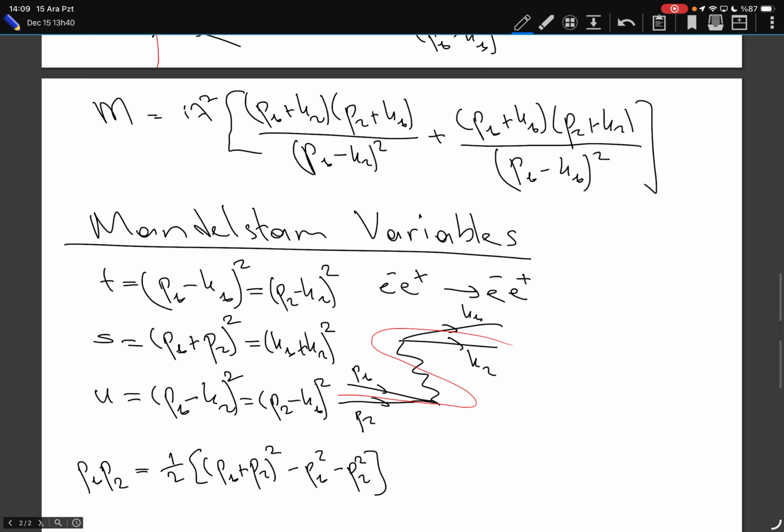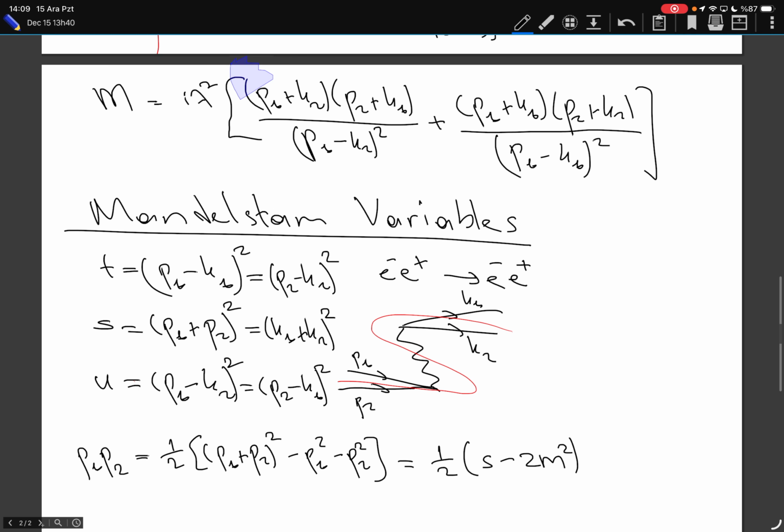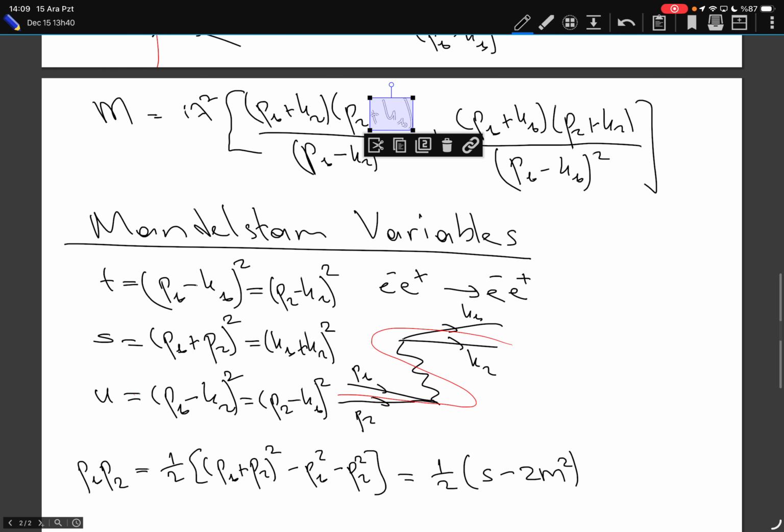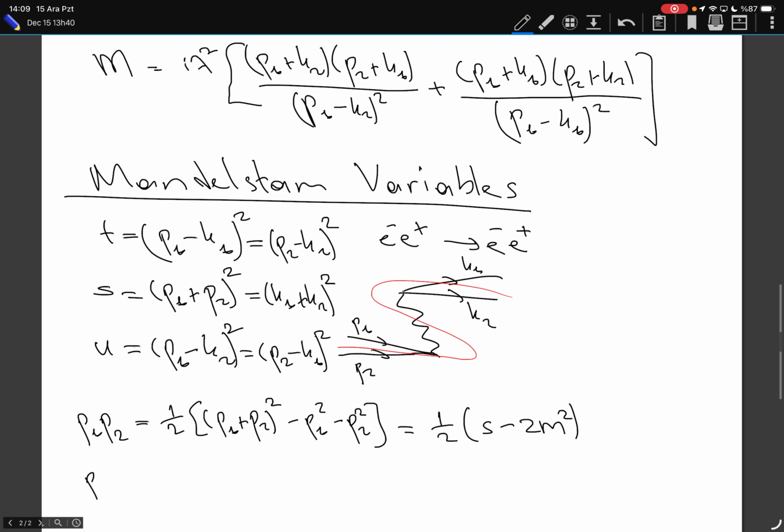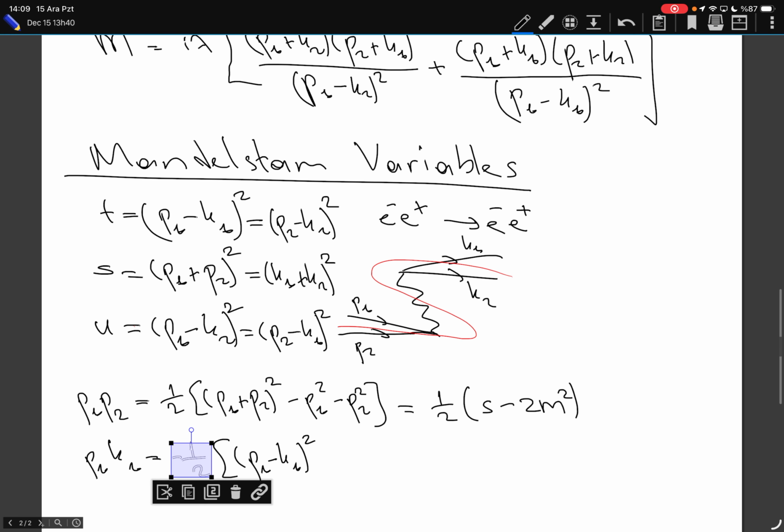P1 plus P2 squared is S. P1 squared is M squared, P2 squared is M squared, so this is 1 over 2 of S minus 2M squared. This is P1 times P2. What else do I get? I get P1 times K1. Well, P1 and K1 appear in T. So that is minus 1 over 2 of P1 minus K1 squared, because if I take that square, I will get minus 2 P1 K1. That's why I divide by 2 and multiply by minus 1.